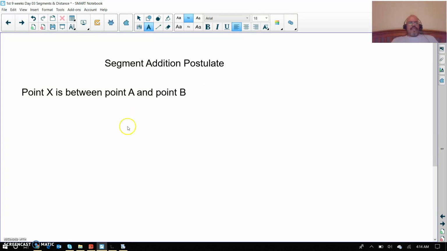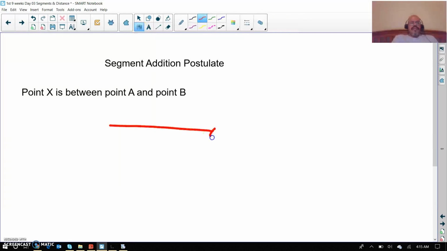So we're going to have a line like this. We have endpoints A and B, and X is somewhere in between. So we're just going to put X right here.